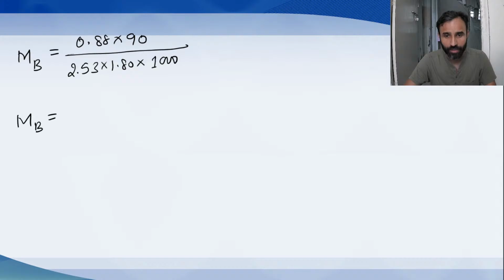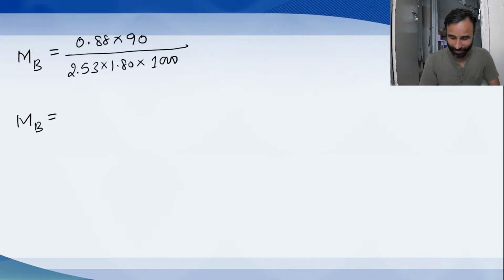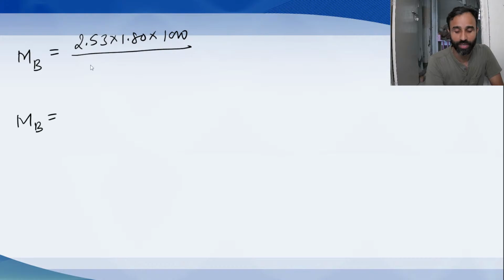Am I right? Oh, sorry. MB equal to 2.53 into 1.80 into 1000 divided by 0.88 into 90, right?